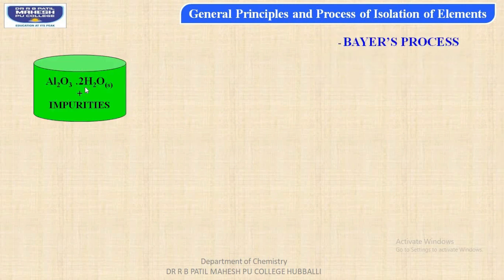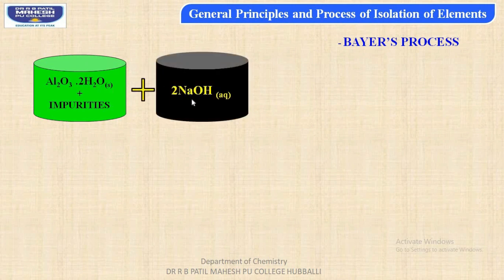In bauxite ore, students, aluminum oxide dihydrate is in combination with the impurities. So very easily we can remove these impurities when the bauxite ore is reacted with a suitable solvent, that is the leaching agent. In this case, we are using alkali, that is aqueous sodium hydroxide.